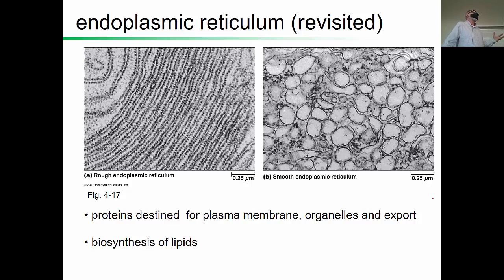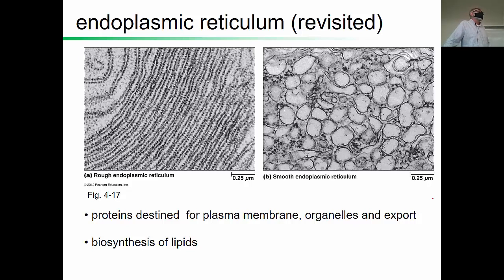So the biggest organelle we have here is the endoplasmic reticulum. Endoplasm means within the cytoplasm, and reticulum just means membranes. The surface area of membrane can account for over 50% of the total membrane in a cell. So it takes up a lot of surface area.